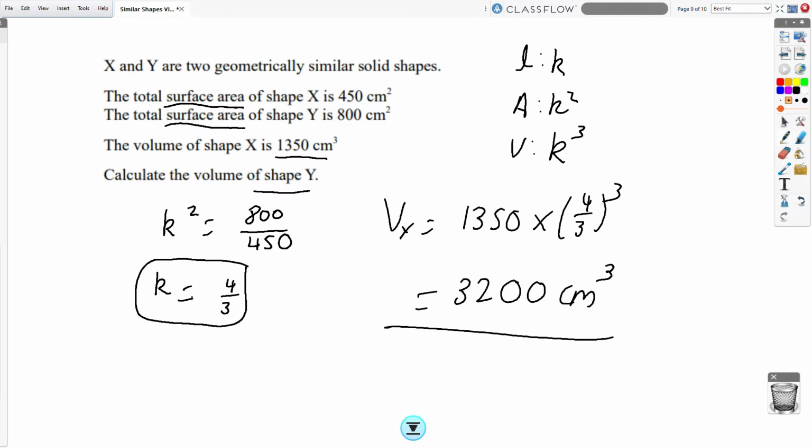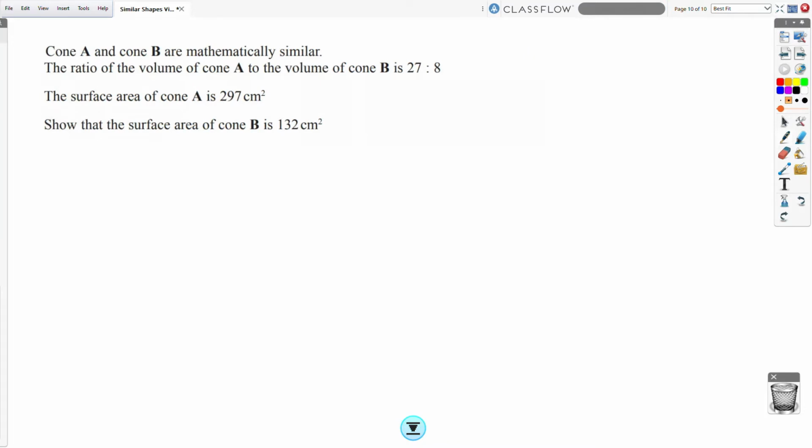Right, the last question we'll do. So we've got two cones which are mathematically similar, so you can assume we have proportional scale factors of k, k squared, and k cubed. It says the ratio of the volume of cone A to the volume of cone B is 27 to 8.